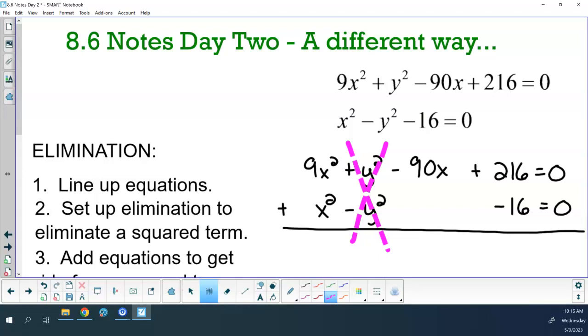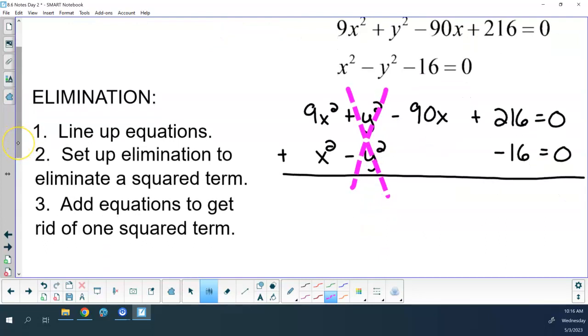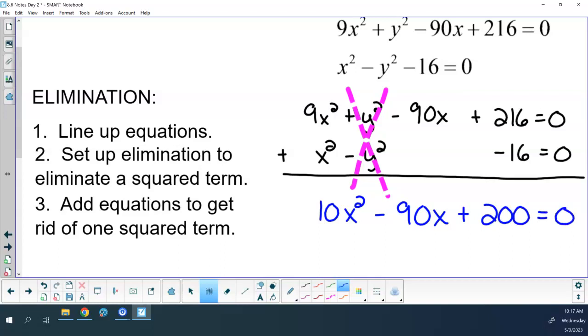If it's not set up like that, you might have to multiply one or both of your equations to get it set up like you would have done in a normal linear elimination system. Once you have that done, then you just add the equations like we would normally have done. That eliminates your squared term. So that gives me 10x squared minus 90x plus 200 equals 0.